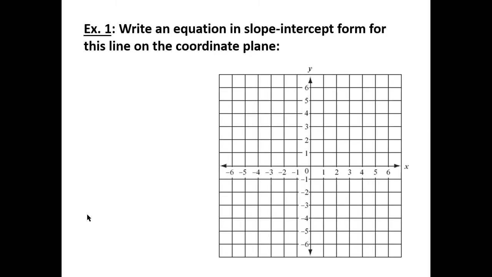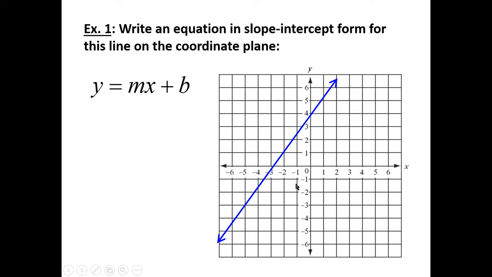So example 1, write an equation in slope-intercept form for this line on the coordinate plane. So here's our coordinate plane, and here's the line. Since we're going to be using slope-intercept form, we know that we're going to start with y equals mx plus b. And when we look at our line, we know that it is moving up as we go from left to right.